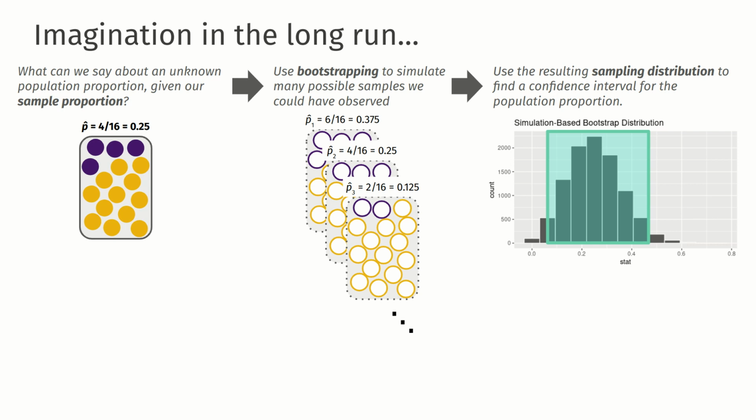So we started with our original sample over on the left. We used bootstrapping to simulate many possible samples we could have observed, assuming that our original sample is at least representative of the broader population of M&Ms. And then we used that to construct a sampling distribution, and found the middle 95% of the results, and were able to use that to construct a confidence interval for the population proportion.